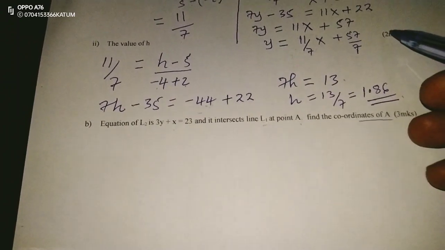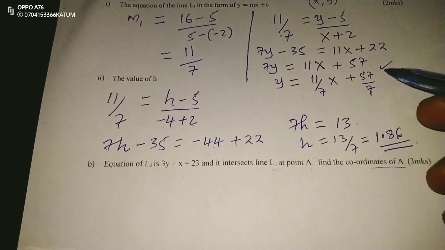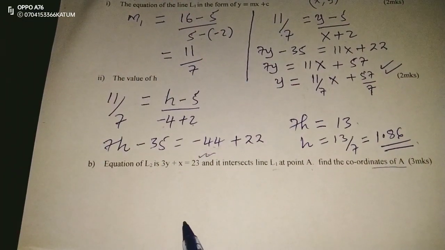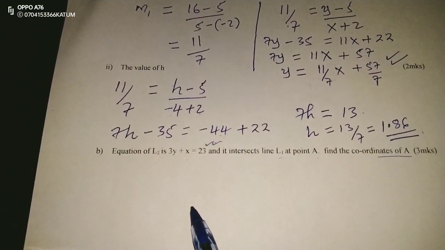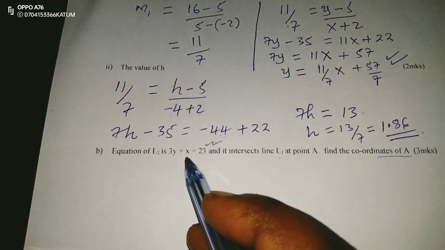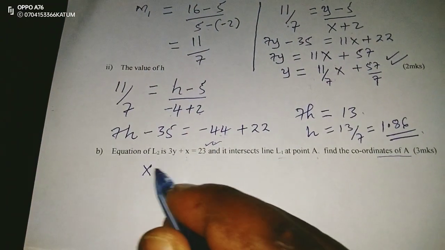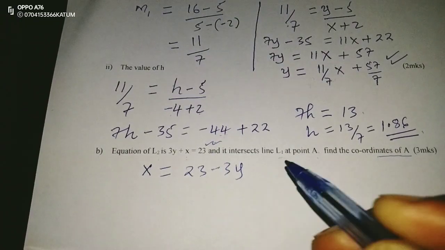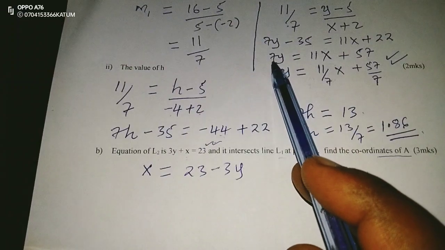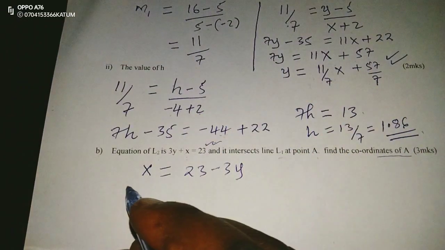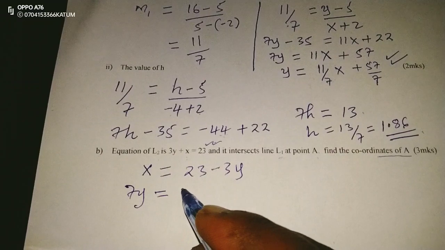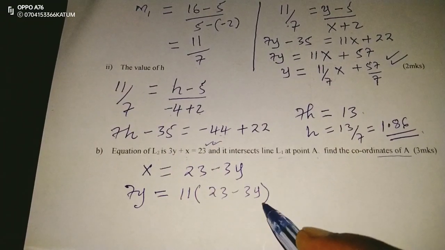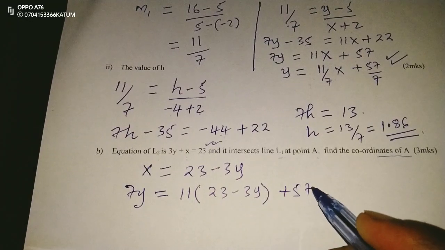The equation of L1 is here, the equation of L2 is here. Solving the two simultaneously becomes very simple, because we can express x from equation 2: x equals 23 minus 3y. That means equation 1 becomes 7y equals 11 times (23 minus 3y) plus 57.